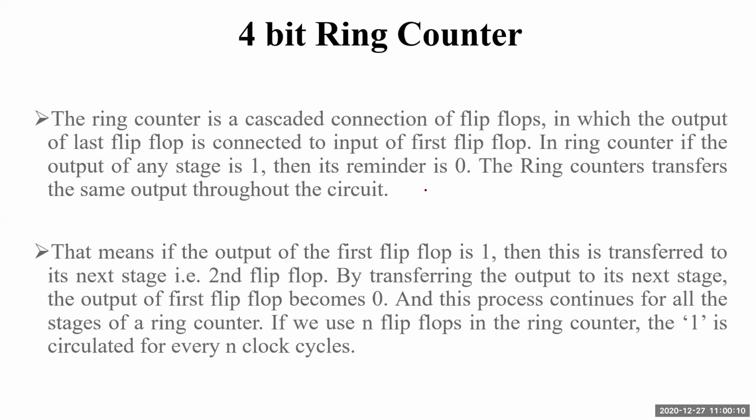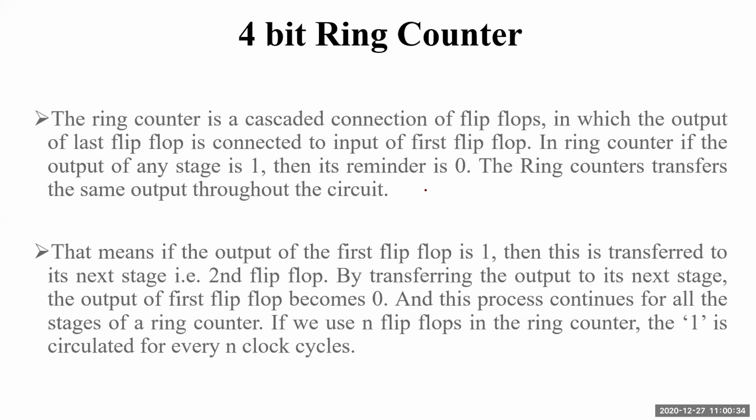The ring counter is nothing else but a cascading of a number of flip-flops. N number of flip-flops are used depending upon what kind of n-bit counting you are trying to do. Depending upon that, we will be using the number of flip-flops. So now here, the ring counter is a cascaded connection of flip-flops in which the output of the last flip-flop is connected to the input of the first flip-flop.